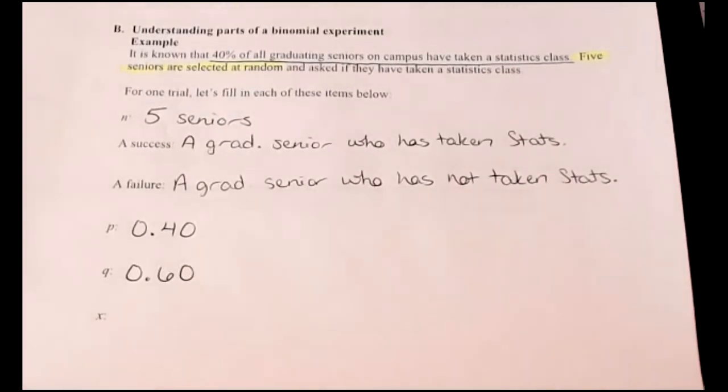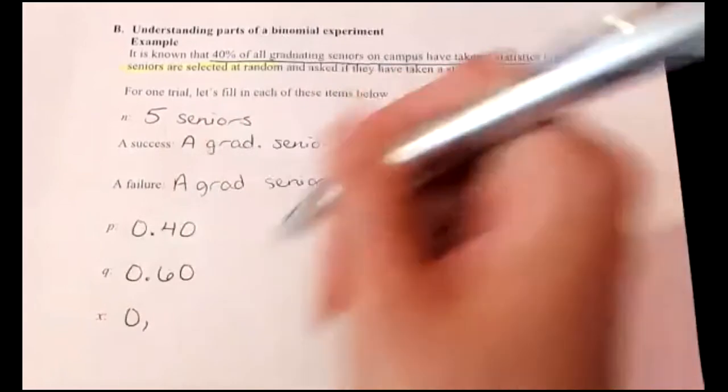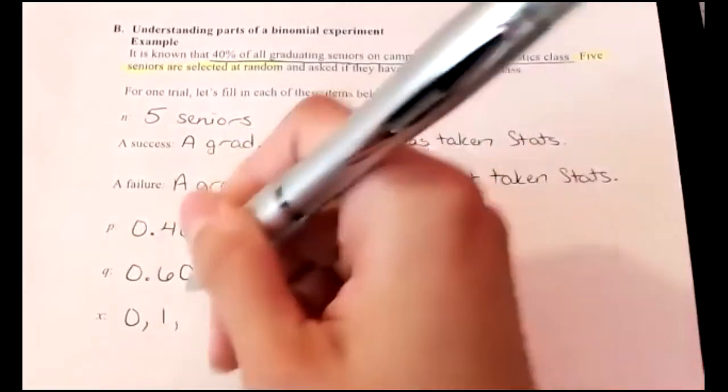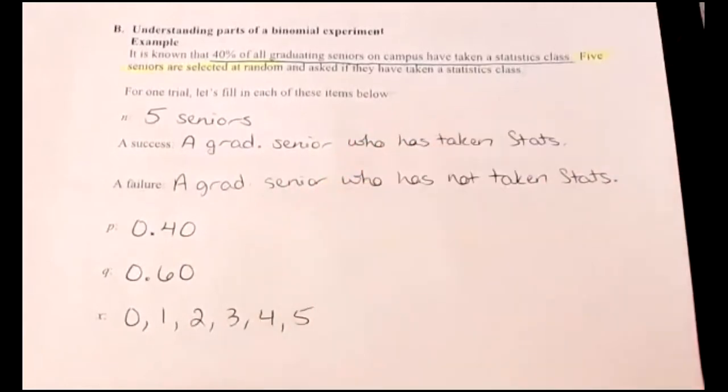Now we think about, well, what are all the possible outcomes that can come from this, right? If we're asking 5 seniors, hey, have you taken a stats class? They could say yes or no. And in which case, 0 of them could have taken a stats class. 1 of them could have, 2, 3, 4, or all 5.